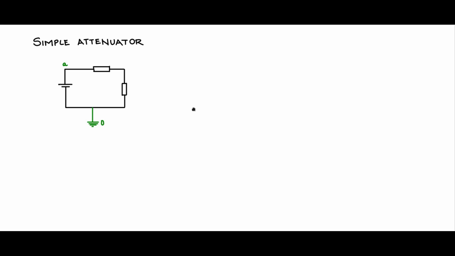We will call this node A and this node B. Let's say the source is V1, and we will do the simulation for 100 volts, and this is R1 and R2. We will vary the values of the resistances R1 and R2 in the simulation. Let us see how we will put it into a circuit file, call Ngspice, and execute the simulation.